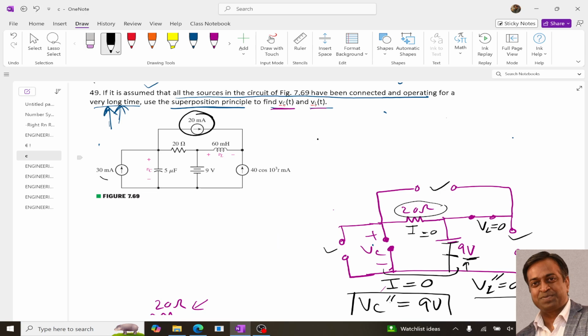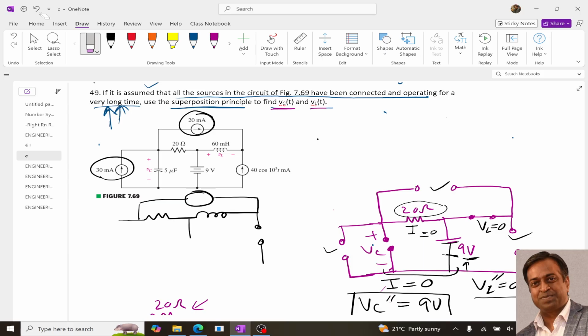So this will be open, so my circuit will be, right, this will be open, this voltage source will be short circuited, this is the capacitor, and this will be open circuit. So only one current source will be there, which is 20 milliampere, right?